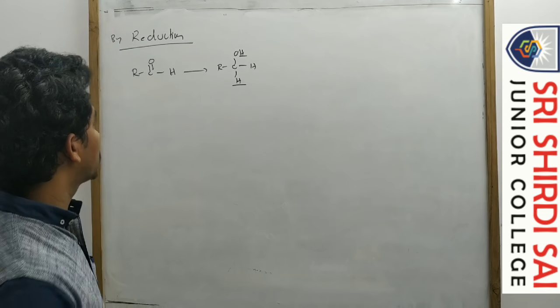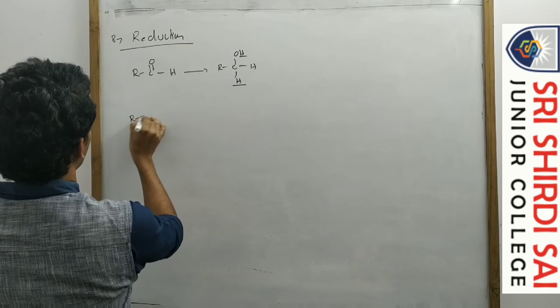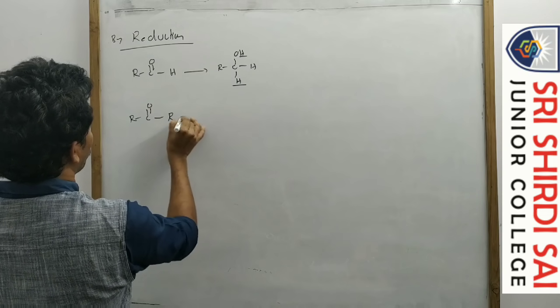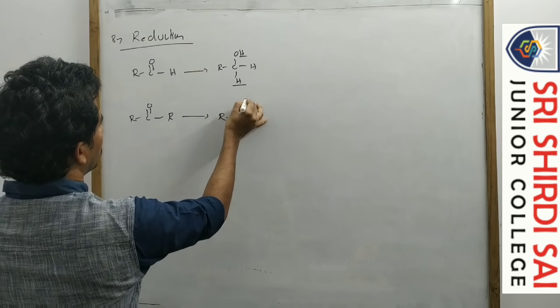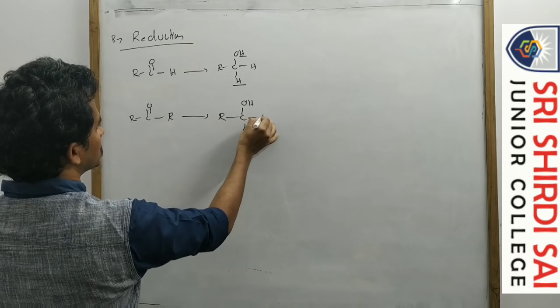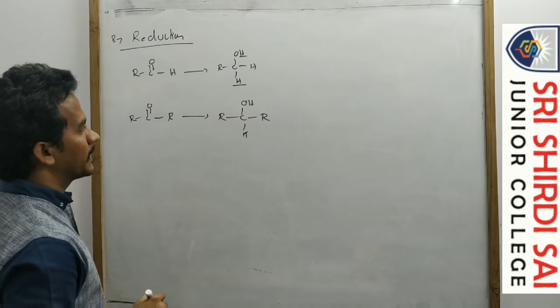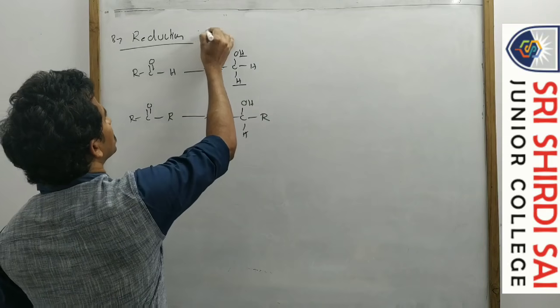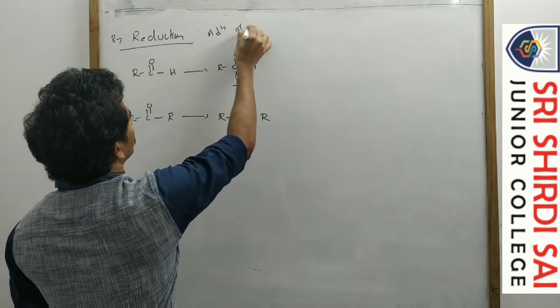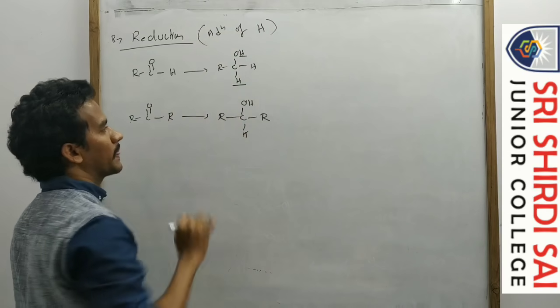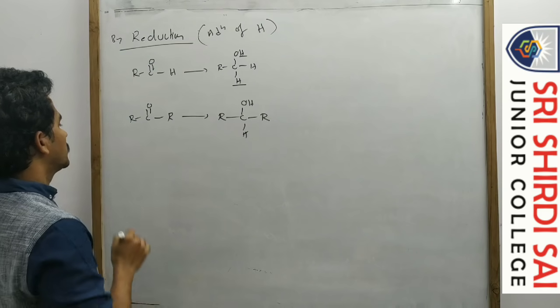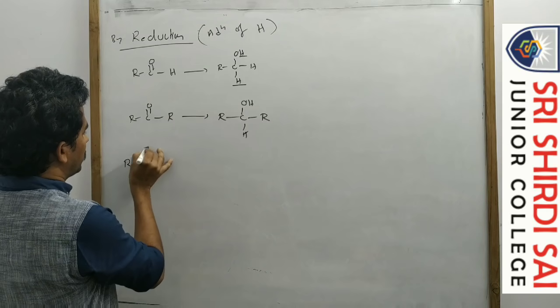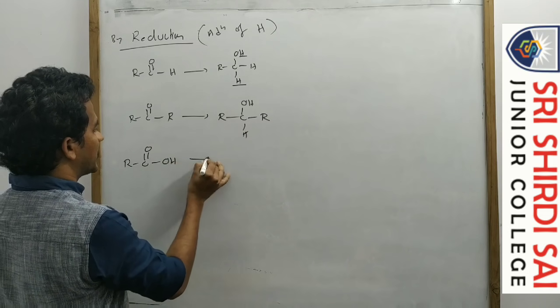Suppose this ketone on reduction produces secondary alcohol. Okay, it is a secondary alcohol. Reduction means nothing but addition of hydrogen. So next, carboxylic acid.